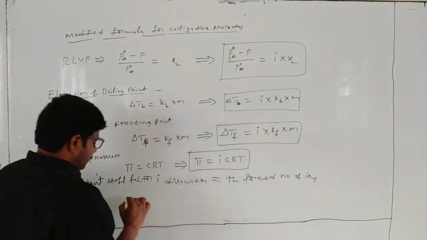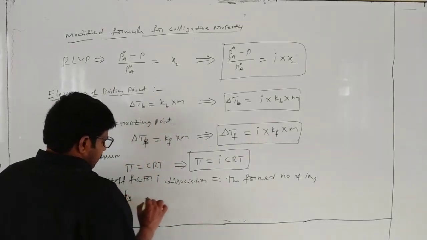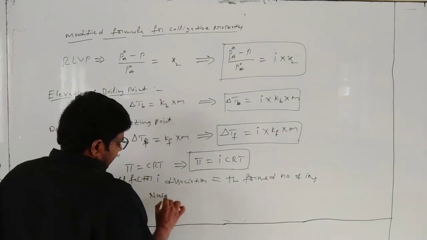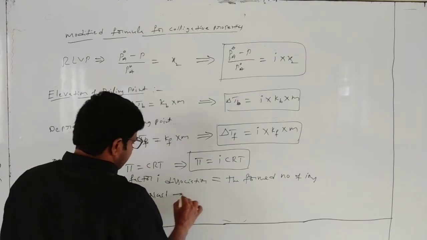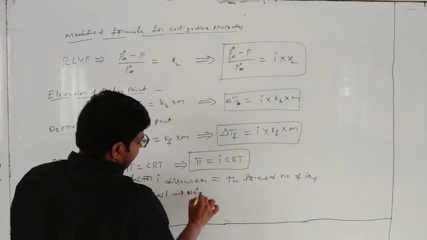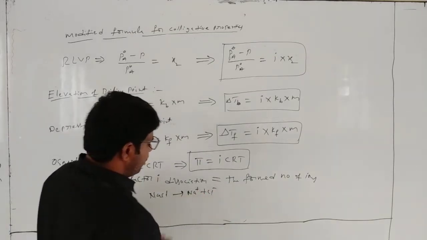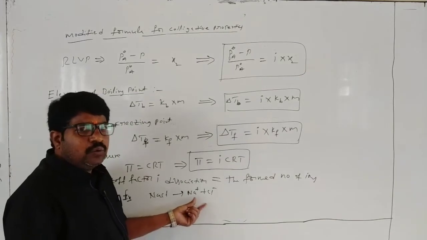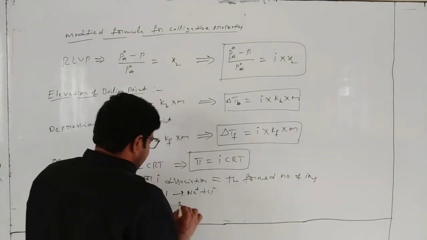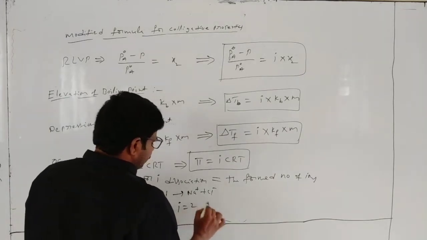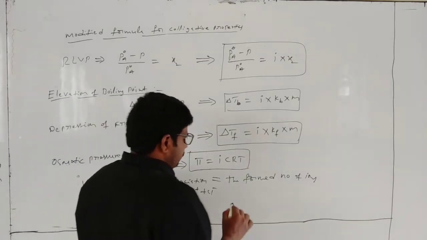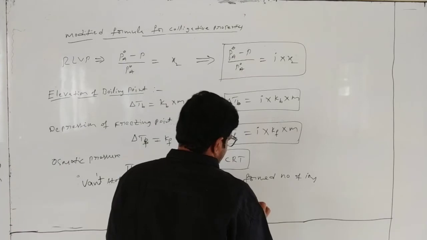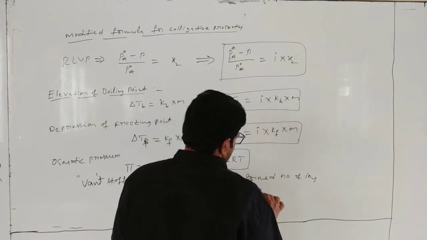For example, NaCl undergoes dissociation and gives Na plus and Cl minus. How many ions are formed here? 2 ions. So the i value is 2. For example, glucose, C6H12O6.